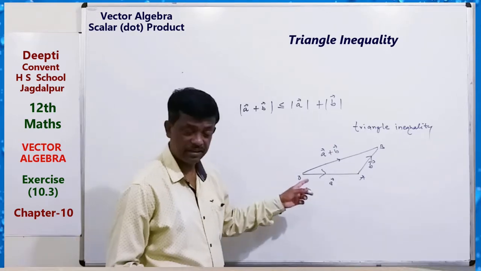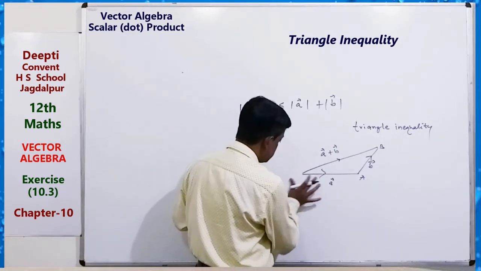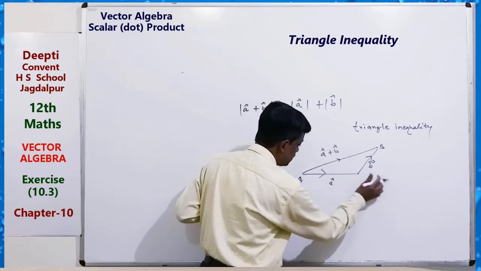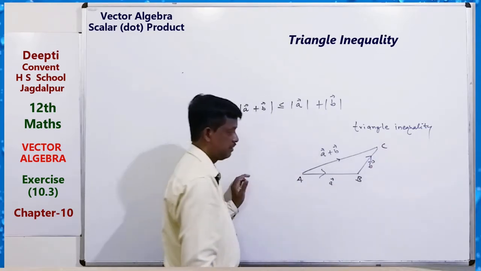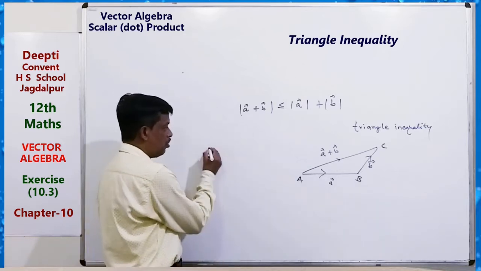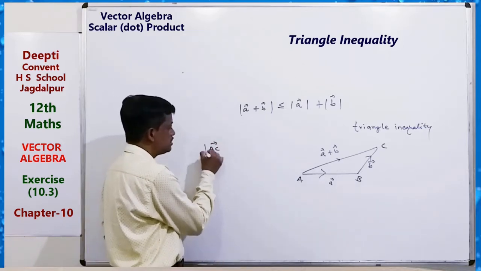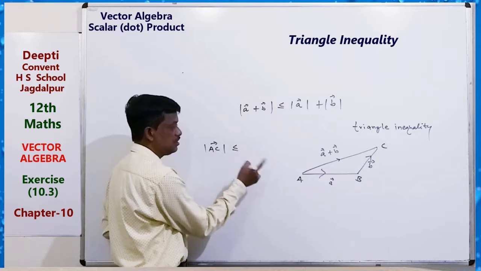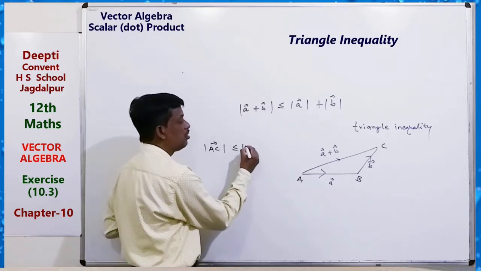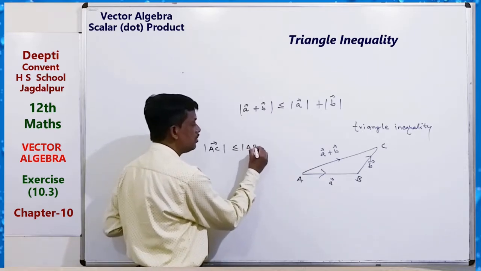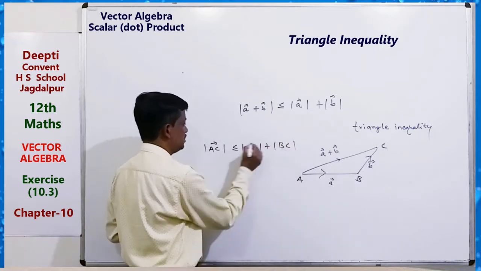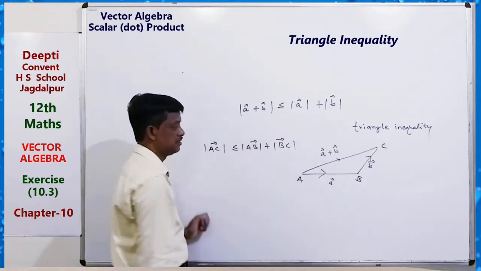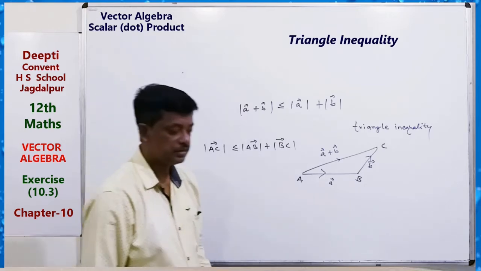From here we can see that mod of AC is less than or equal to mod of AB plus mod of BC. Just like this. Clear?